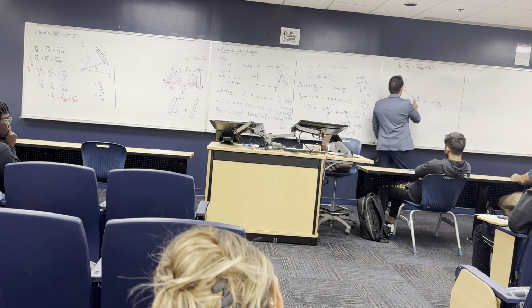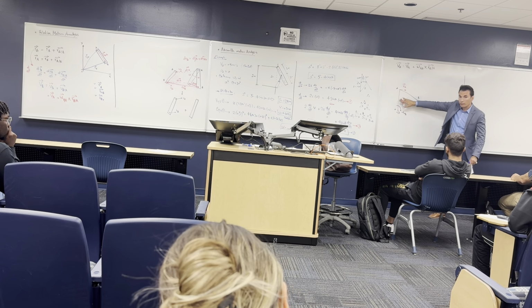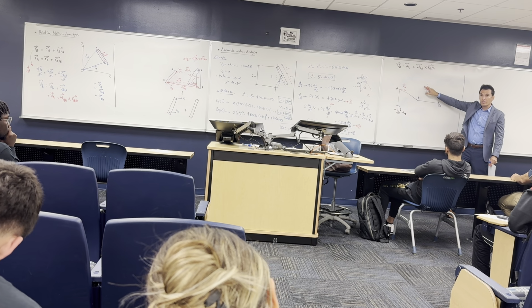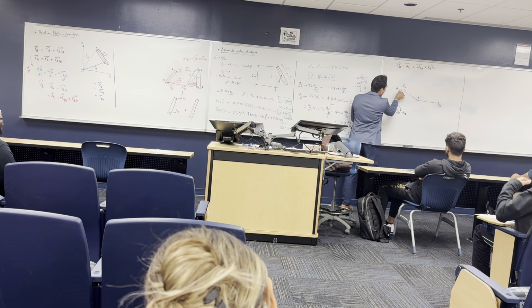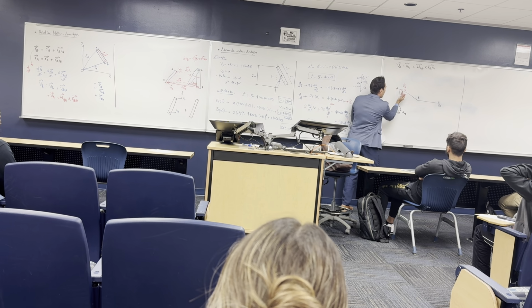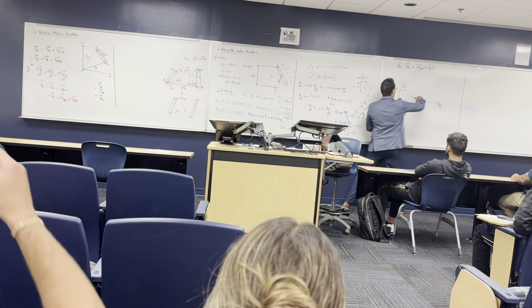Okay, how about point B? How is it going to move? If this one moves this way, point B is going to go up or down? Let's imagine. This one goes this way, the whole structure is going to go down. But if this one goes this way, it's going to be tension, so the whole thing is going to go up. So B is going to go down, but how?